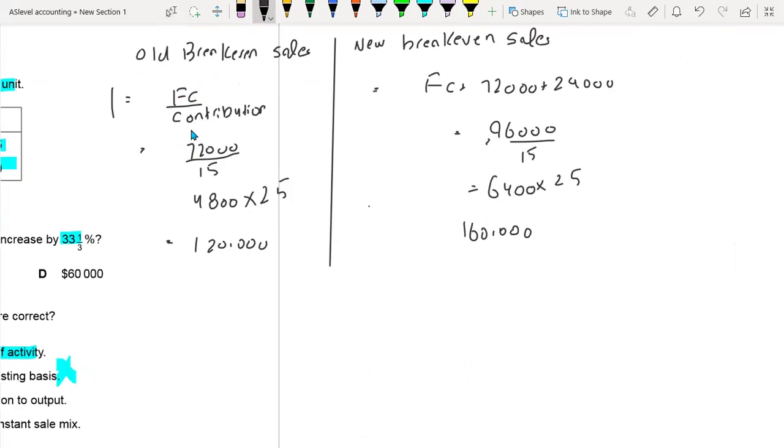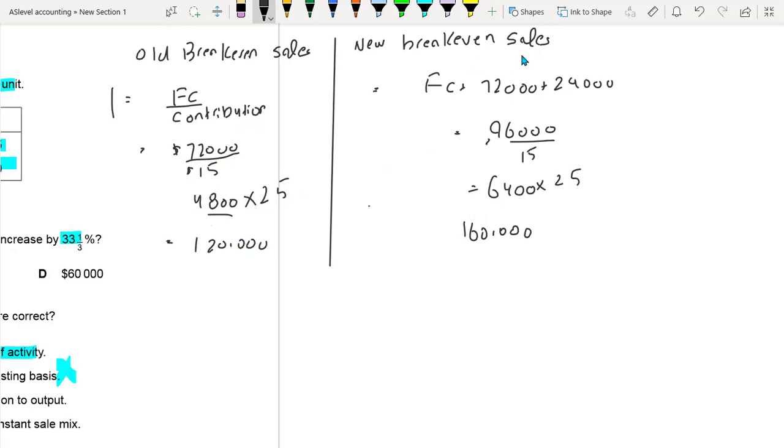Break-even units is equal to fixed cost over contribution. Contribution is selling price minus variable cost. Selling price was 25 and variable cost was $10. So contribution would be $15 and fixed cost is 72,000. So we have 4,800 break-even units. Multiply it with 25. So we have the break-even sales, which is $120,000.